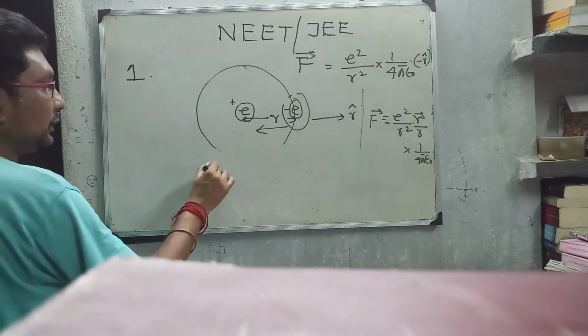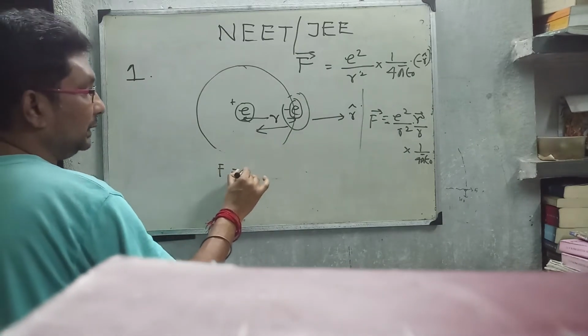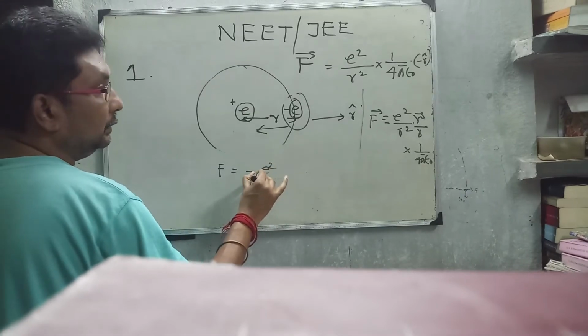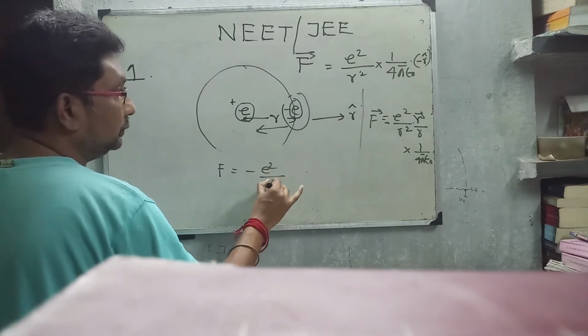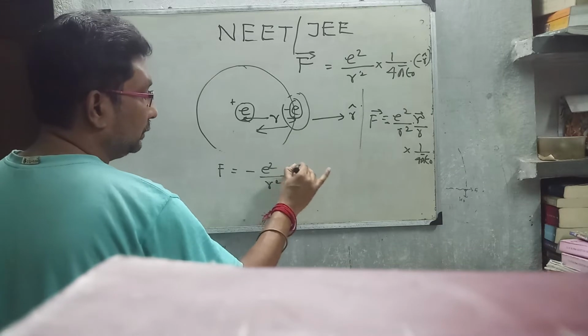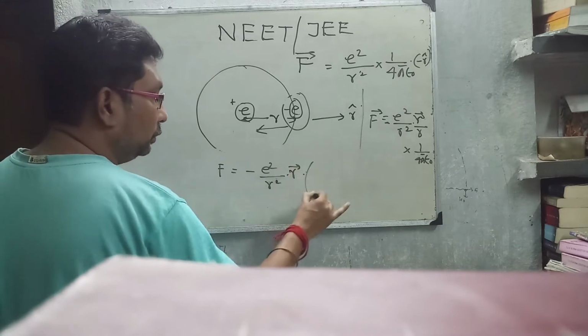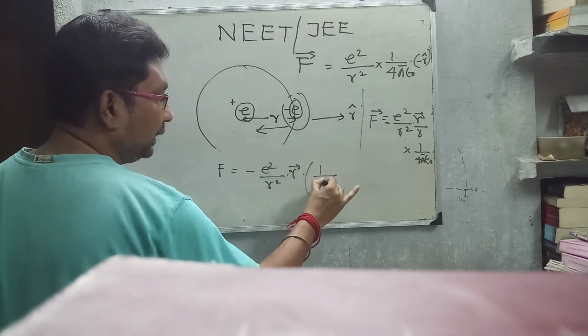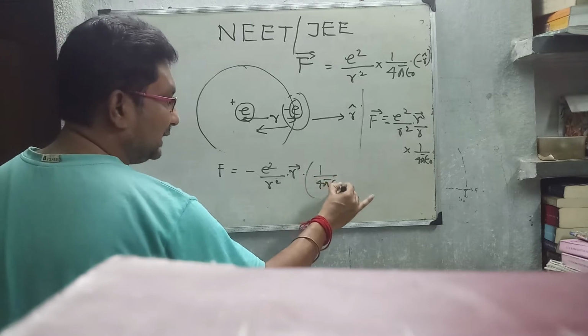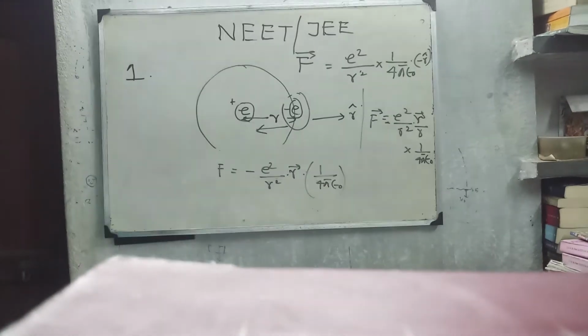So force equals minus e square by r cube into r vector into 1 by 4 pi epsilon 0 in SI system. In CGS system it will be 1.